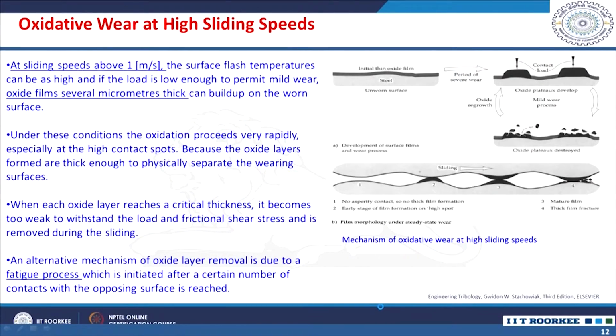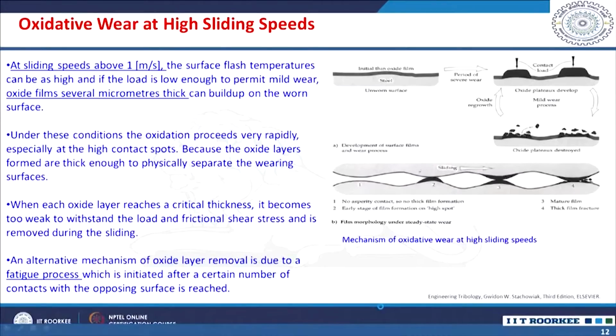With respect to sliding speeds, at sliding speeds above 1 meter per second, generally the surface flash temperatures can be high, and if the load is low enough to permit mild wear, oxide films of several micrometer thickness can build up on the worn surface. Right. Under these conditions, oxidation proceeds very rapidly, especially at high contact spots.